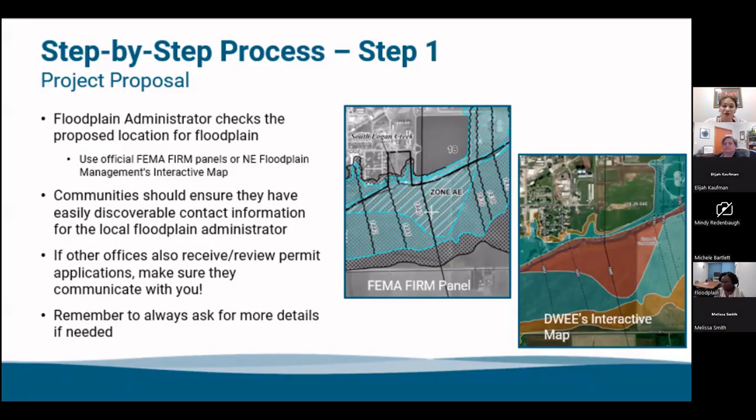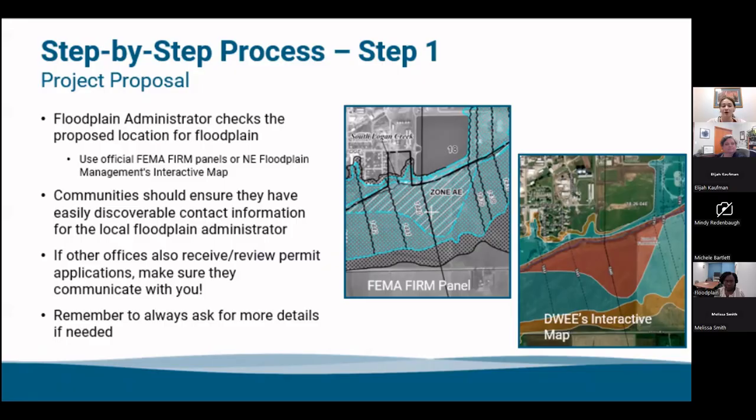So communities should ensure they have easily discoverable contact information for the local floodplain administrator. You don't want people to just be missing getting their permits just because they couldn't find the information. So you want that to be very readily available.